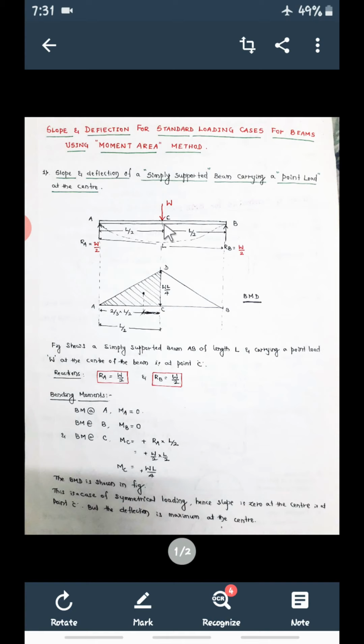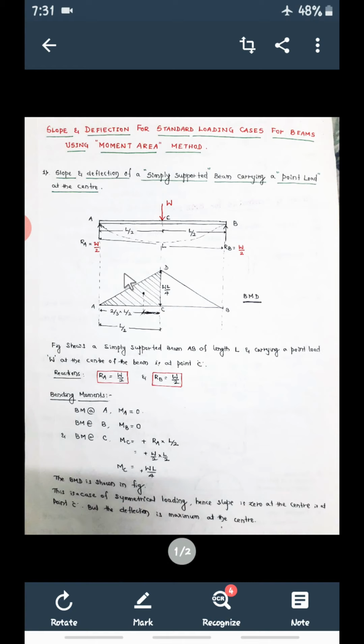But because of this point load downward, the beam is going to bend like this, A, and this is B, and this is the deflection, not bending moment. I am not talking about bending moment. This is a deflection. Because of this central load, it is going to come down. So due to this load, the bending action of this beam will be A, C, B. This is the bending action of the beam, or deflected shape of the beam, what you can say. So here deflection is 0. Here deflection is 0. Here deflection will be maximum.